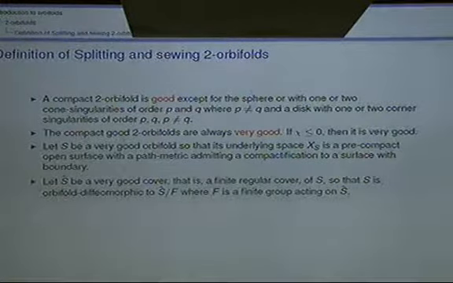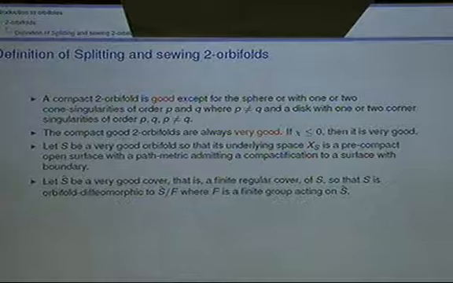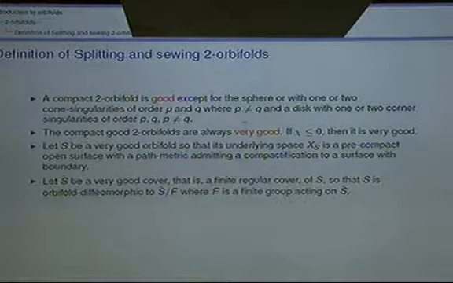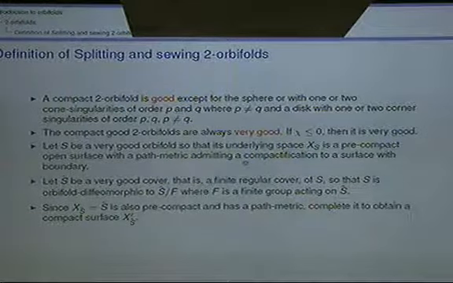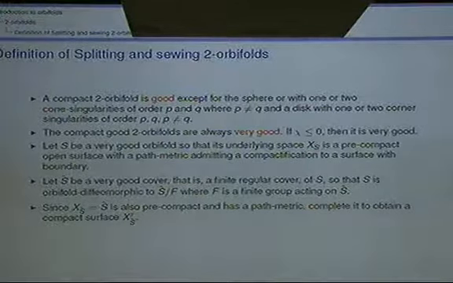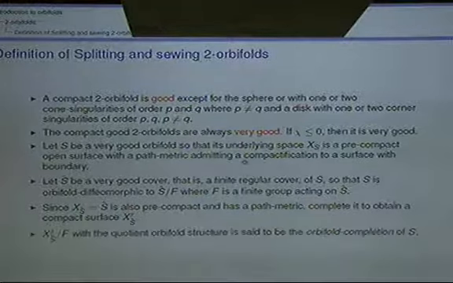So once it's a surface, now you can compactify it to S hat, and then you can find the finite group to obtain S again, right? So in the very good cover, you will always have some finite group F acting on it like this. Once you make a completion, then you can extend the F action to get a compact surface.